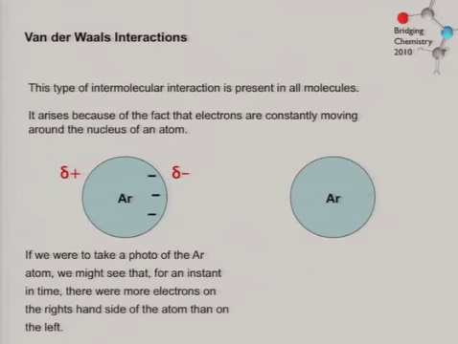Now what that's going to do, if we have another argon atom in close proximity, is effectively cause an instantaneous dipole on that atom. So one atom is going to affect the other one. And so what you have is a whole bunch of instantaneous dipoles occurring, and that causes the atoms to attract to each other. Yeah? Cool.